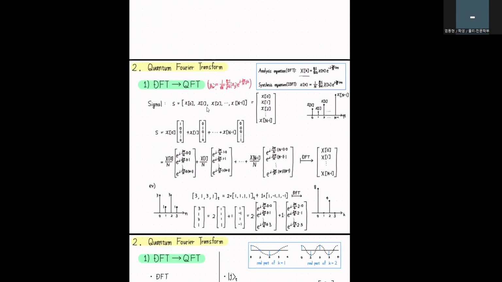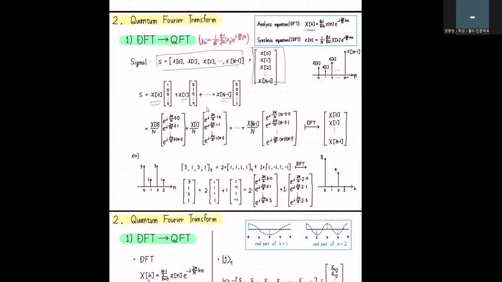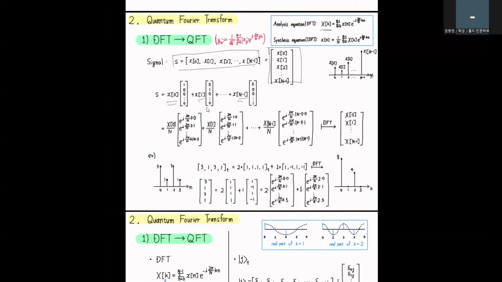So it's transforming one wave function to another wave function in terms of a different basis. So mathematically, if you have this signal over here, represented as a column, we can deconstruct it linearly like so.